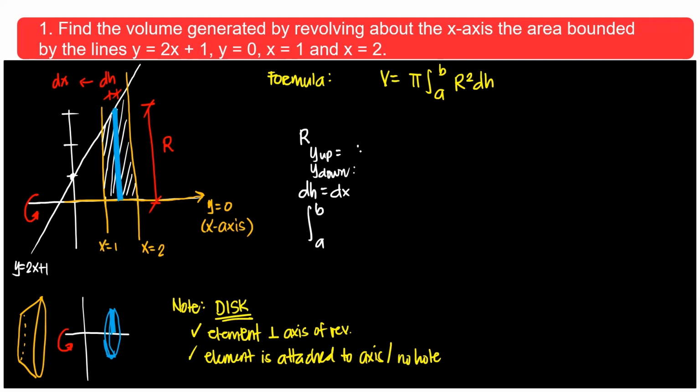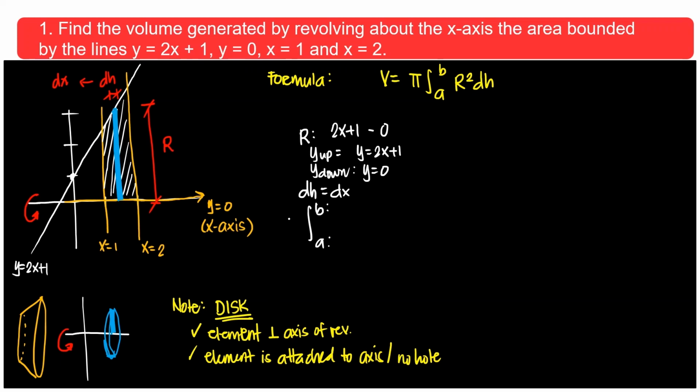Y equals 2x plus 1. What is the bottommost portion of the element? All the time, it's y equals 0. Therefore, the r would be 2x plus 1 minus 0, y up minus y down.